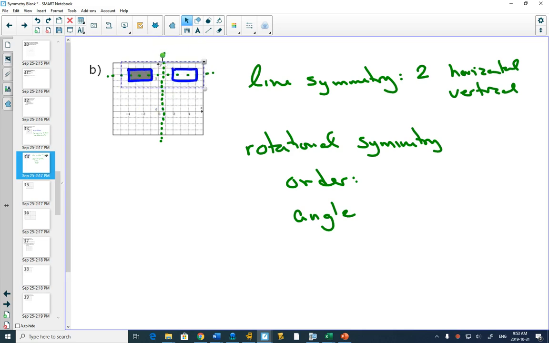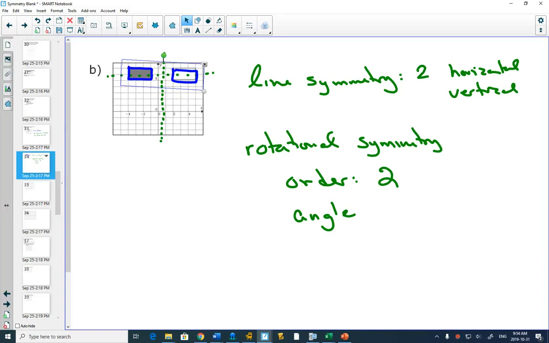See how they matched up one time around, and then you count a second time around when you get back to the beginning. So we would say the order is 2. The way that we count the order, again, I'll show it here. You start it, you rotate it, that hits once, rotate it again, back to the top is twice. So you count the one time that you touched the first time, and then the second time when you get back to the beginning.